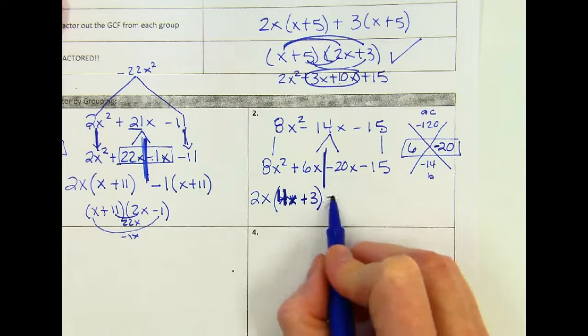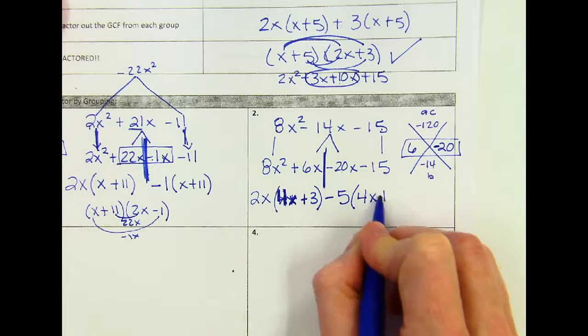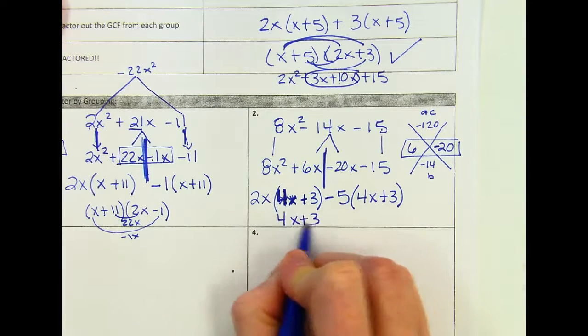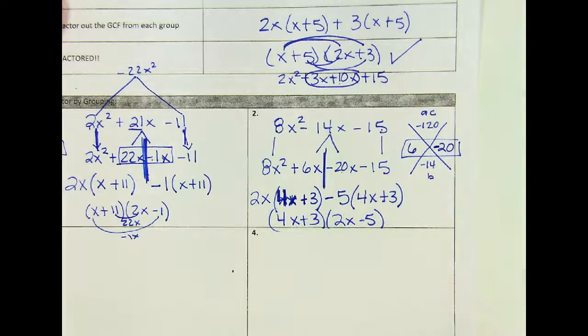And here I can take out a negative 5, and I get a 4x plus 3. I have a match. Bring that out, write leftovers down, and you are factored.